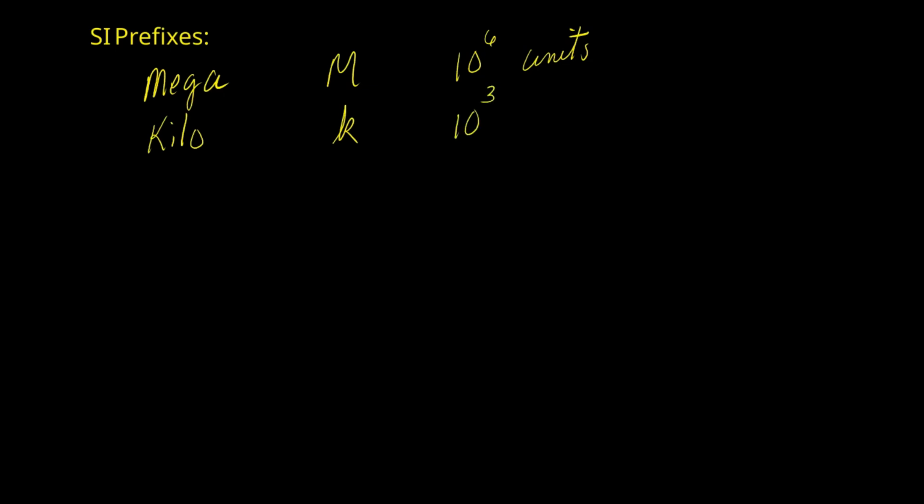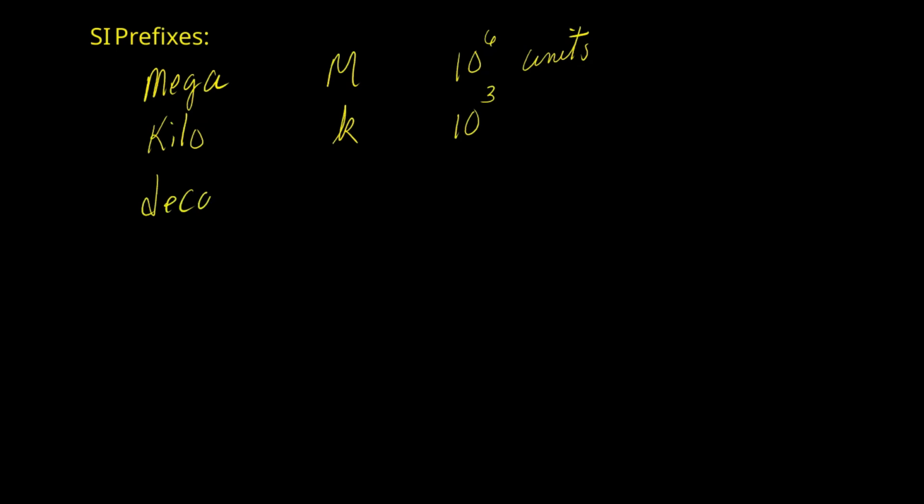All right, some useful prefixes. I think you should probably learn from mega down to possibly nano. So mega would be a capital M, and it is 10 to the 6 power units, wherever the base unit is. Kilo would be a lowercase k, and that'd be 10 to the 3rd units.